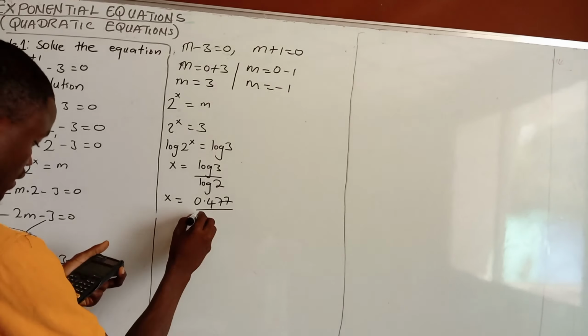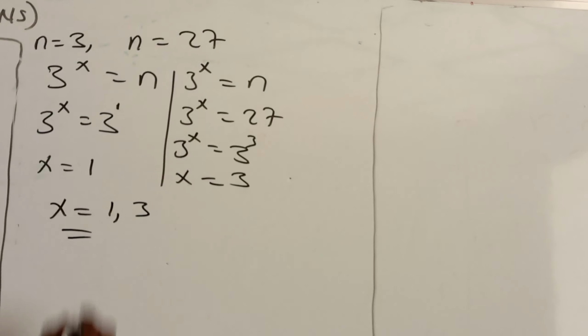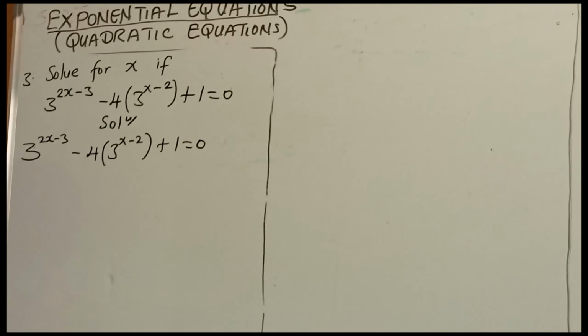So 3 raised to the power x equals 27. You express this 27 to have the same base as this one. So 3 raised to the power x equals 3 raised to the power 3. So x equals 3. So x equals 1, comma, 3. So these are the values for x.